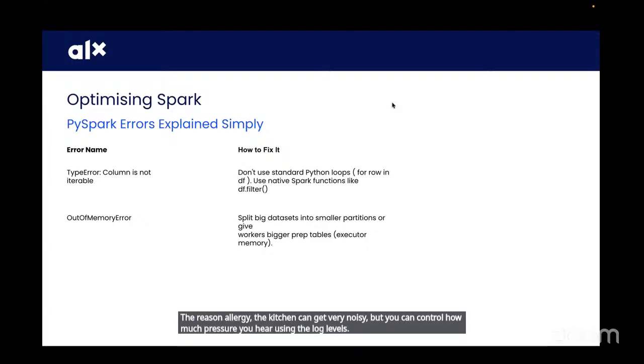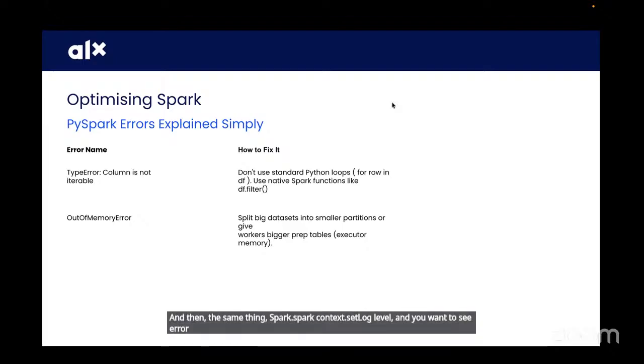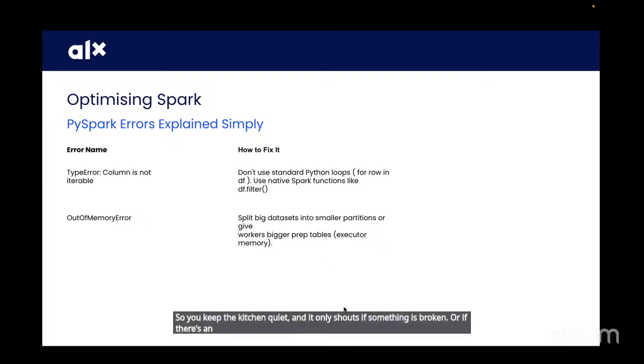You use the line spark context set log level and select info. It will show the kitchen milestones and the stage updates. And then the same thing, setLogLevel, and you want to see error. So you keep the kitchen quiet and it only shouts if something is broken or if there's an error happening.